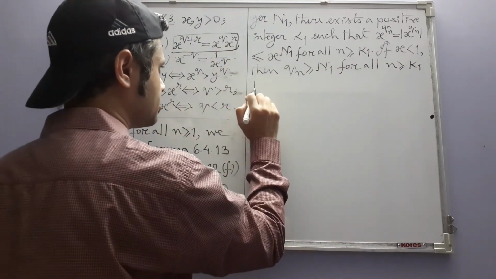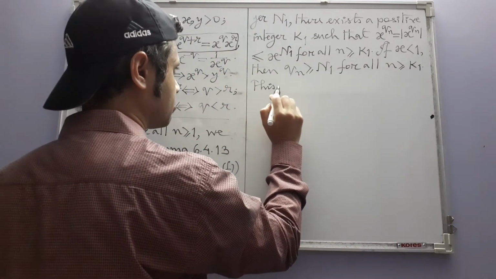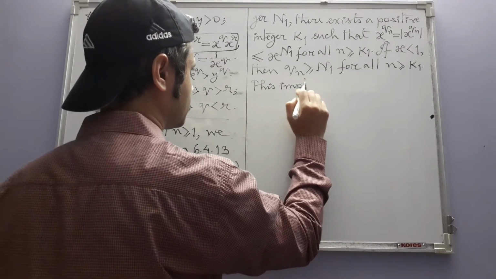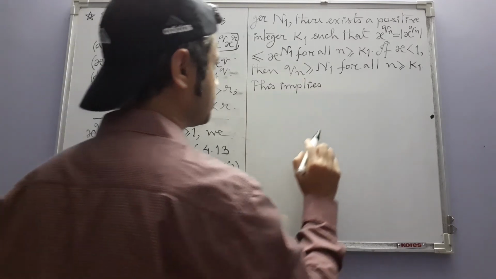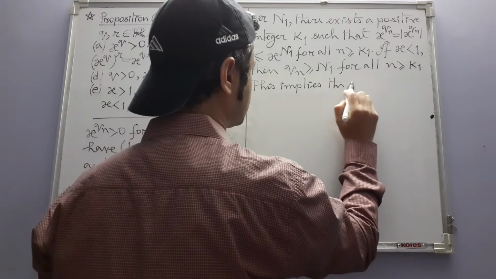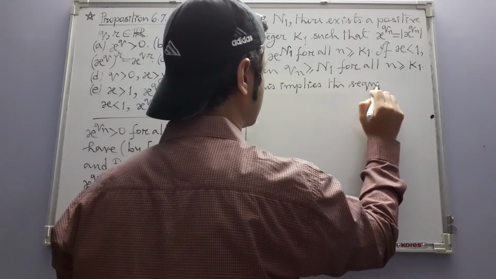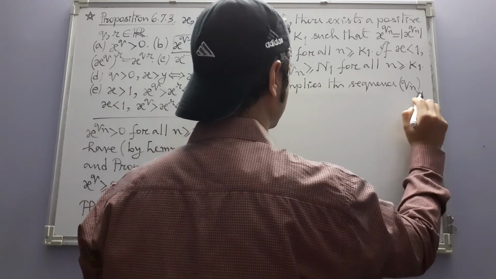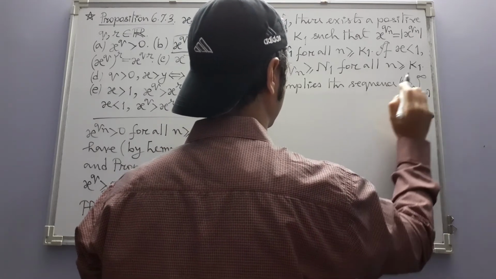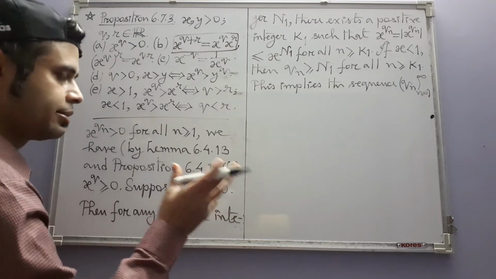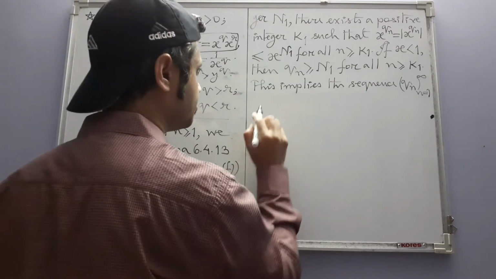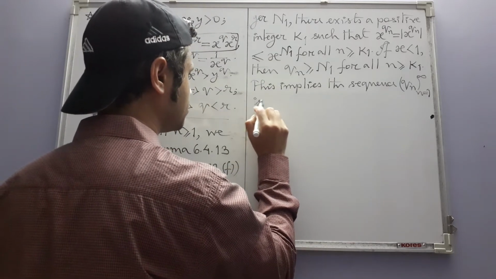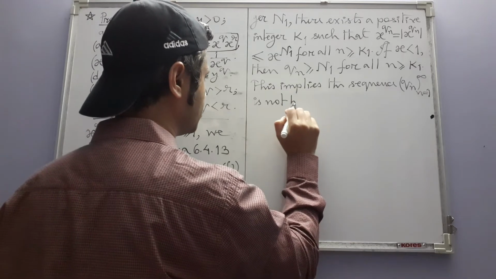This implies our sequence Qn, so we don't have to do anything more here. We have got exactly the sequence Qn itself is not bounded.